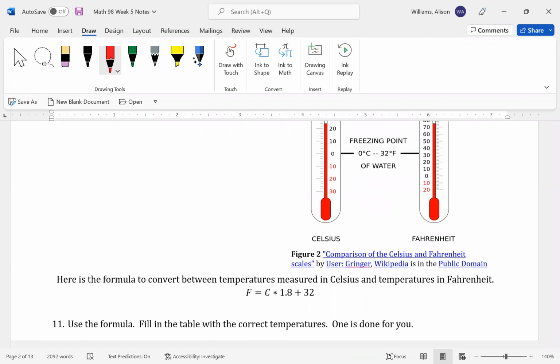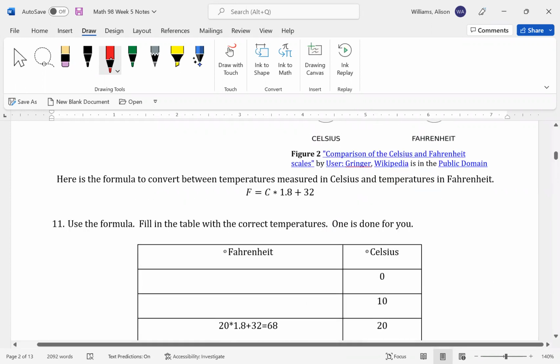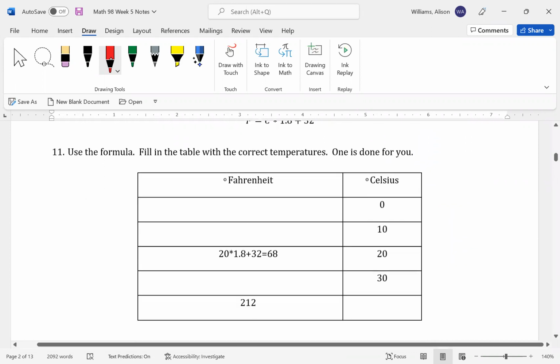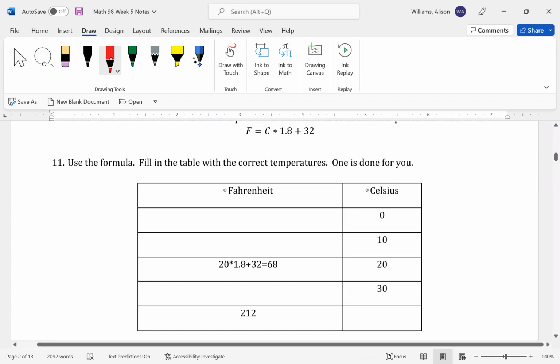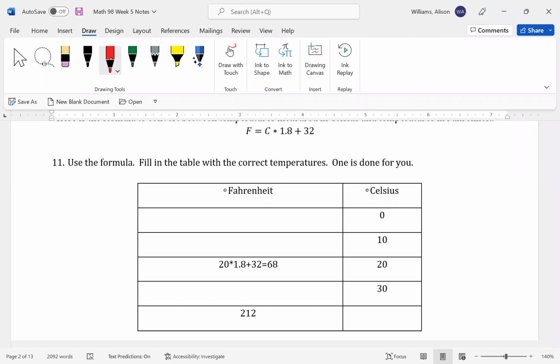All right, let's use the formula, fill in the table with the correct temperatures, and the first one is done for us. So they've given us a bunch of Celsius measurements, and we're going to fill in the Fahrenheit using the formula. So here, let me scroll down a smidge so I can see the formula. So for Fahrenheit, I'm going to take the Celsius temperature, which in this particular one is 0.